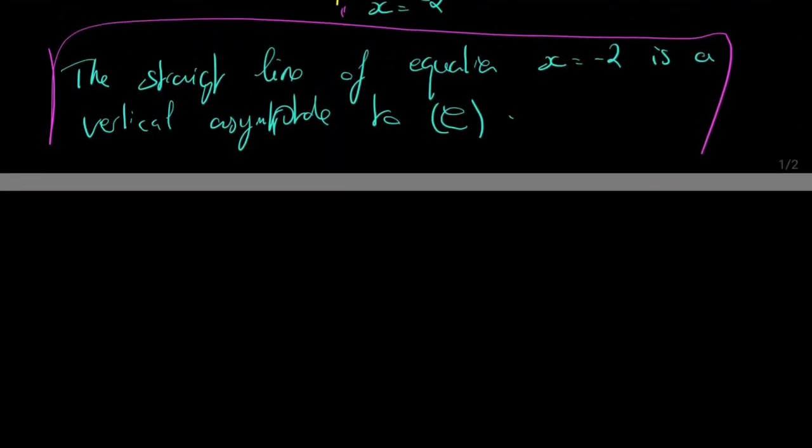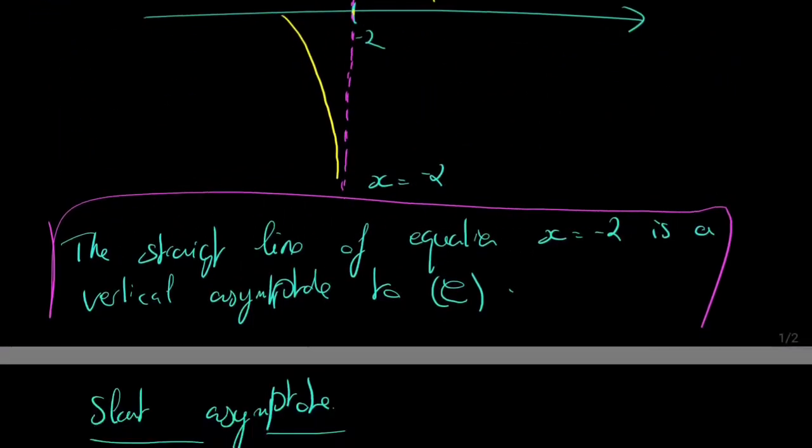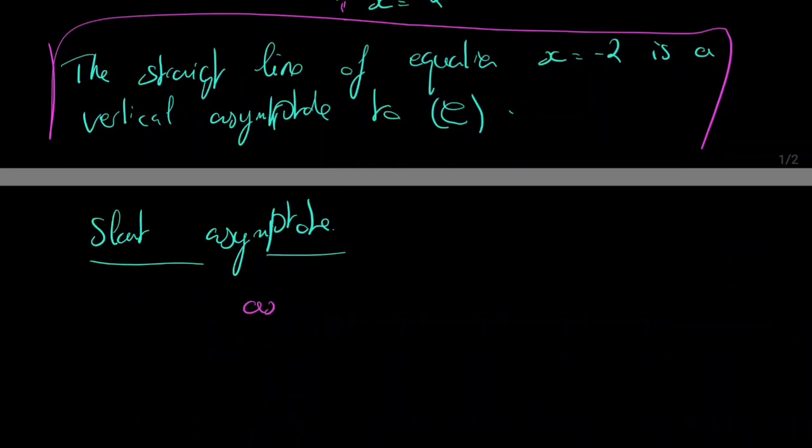Then the second part, we want to find the so-called slant asymptote. A slant asymptote is a straight line, so of equation ax plus b, that will be approached by f of x in plus and minus the infinity.